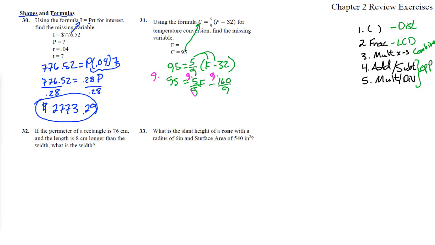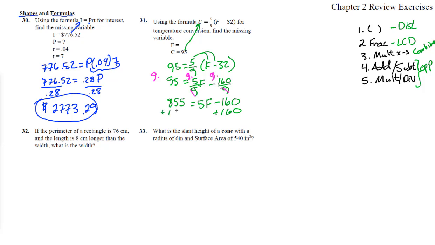Cancels there, cancels there. 9 times 95, 9 times 90, that's like... No, that's not right. What am I thinking? The 9 canceled, so I get 5F minus 160. Now add 160 to both sides.